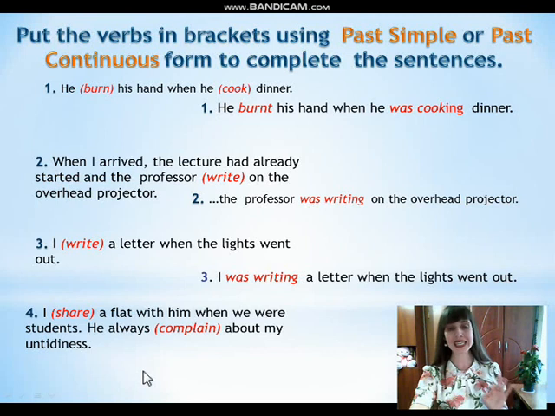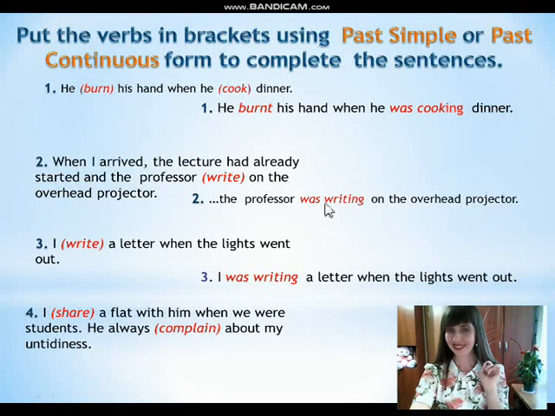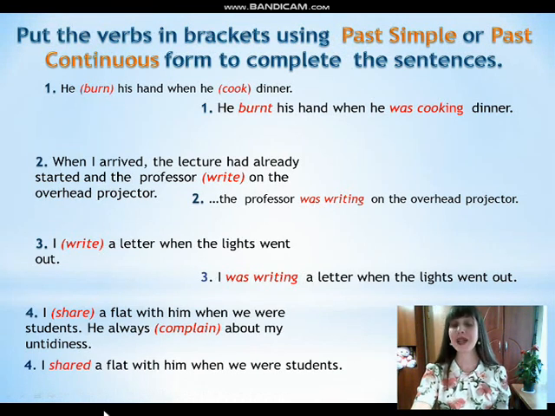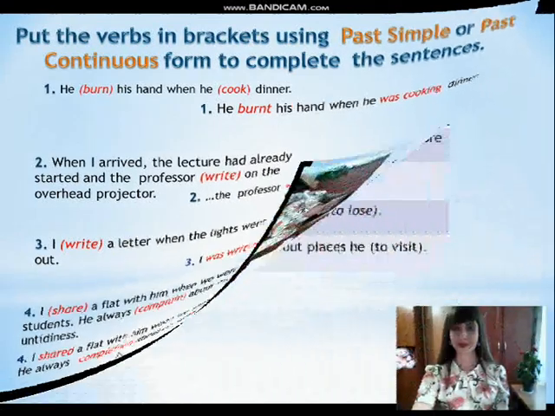And when we think about completed actions in the past, we have to use, absolutely right, the past simple tense. And we have, I shared a flat with him when we were students, right? And he always complained about my untidiness, complained.